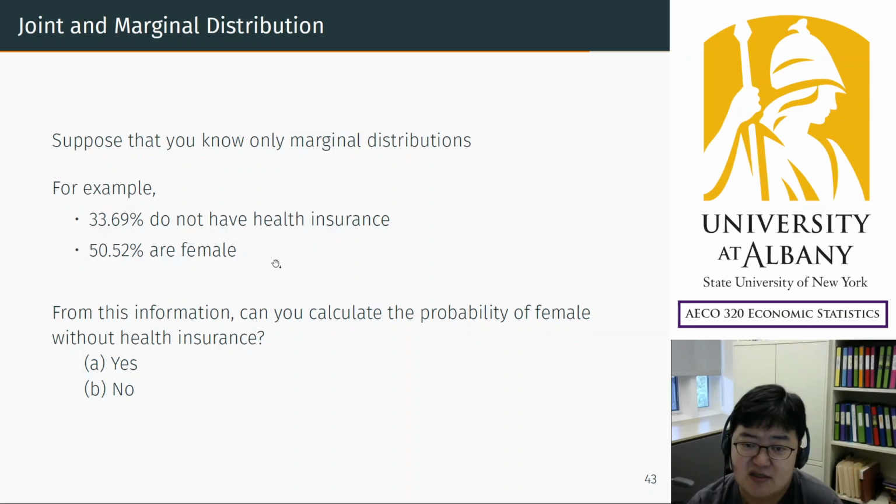And from this, can you calculate the probability of female without health insurance? Try or think about it. How can you calculate that? I gave you probability of not having health insurance and probability of female. Then can you calculate probability of female and not having health insurance? The answer is no.